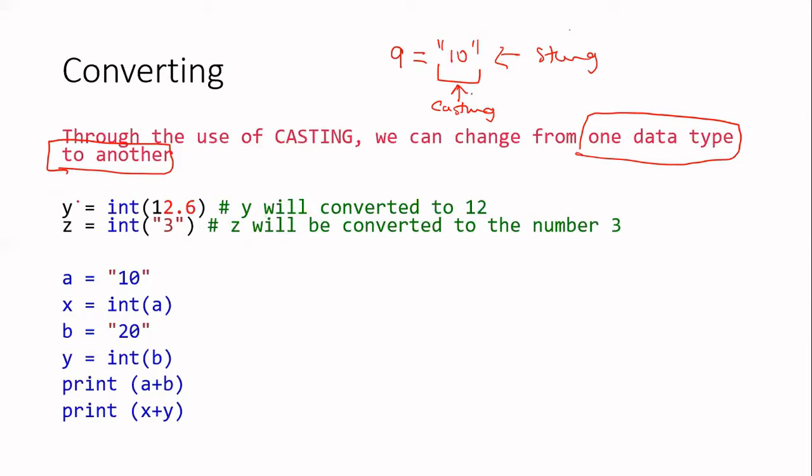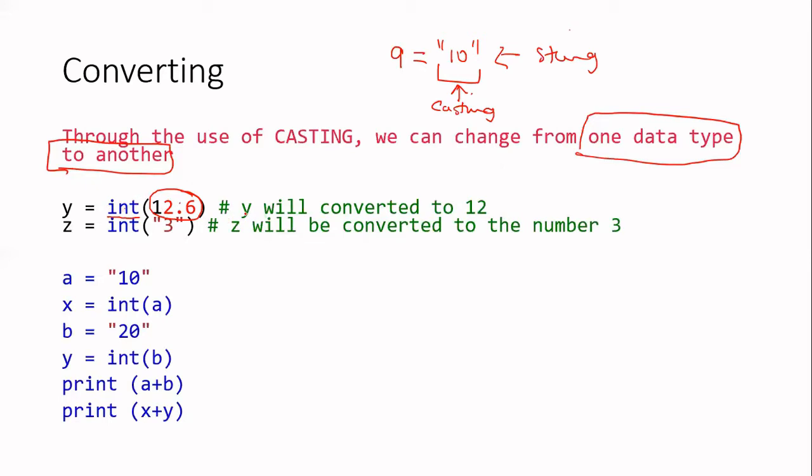In the first example, I've got the number 12.6. So this number 12.6 is a float. If I put an int in front of it, that means I'm casting. I'm changing the float into an integer.